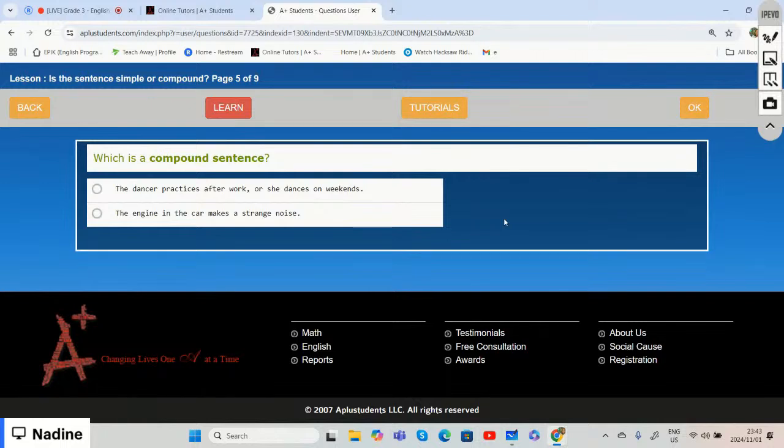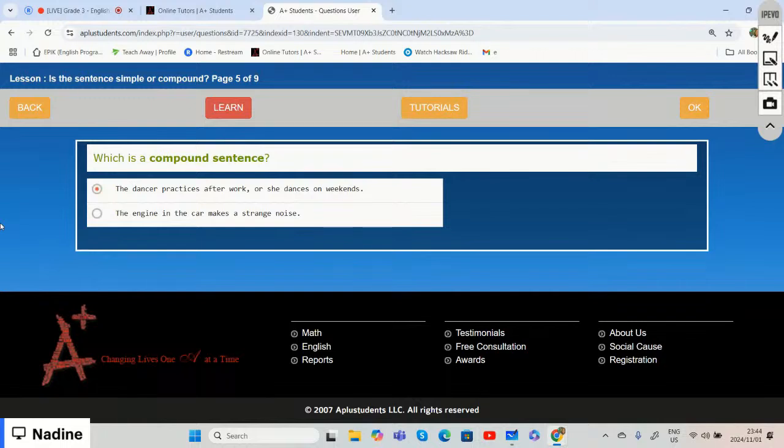So the dancer practices after work, or she dances on weekends. Or option two, the engine in the car makes a strange noise. Yes, and if we were to choose the correct option, then yep, we are going with option one, which is the dancer practices after work or she dances on weekends.